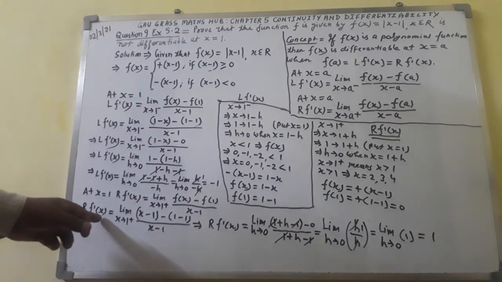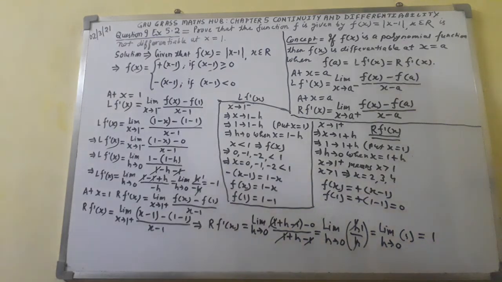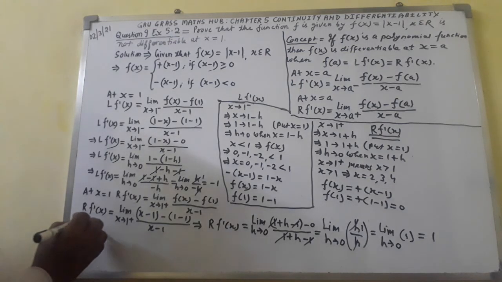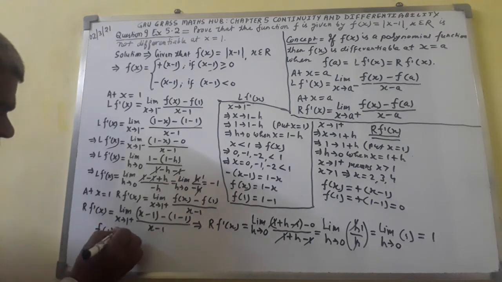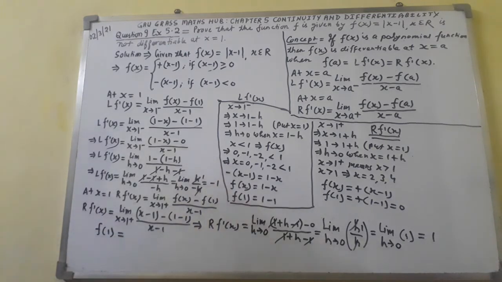Right hand derivative of f of x equal to 1, is not equal to. Let us see once again. Now here I shall write f of 1. Let us see f of 1. So if I put here x equal to 1, at x equal to 1, f of 1 will be, the value of x must be 1.